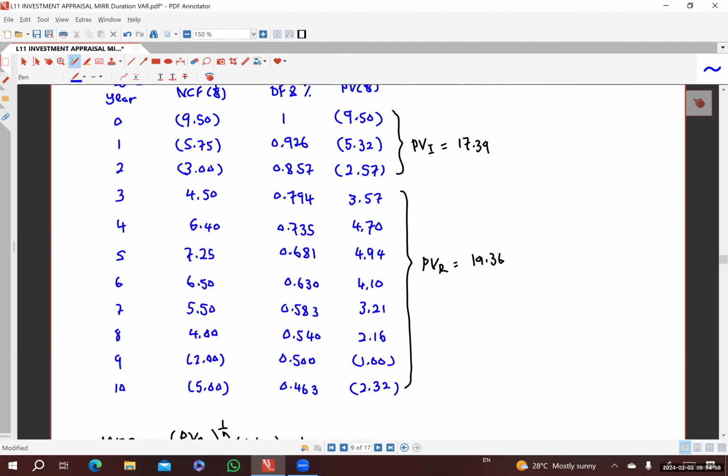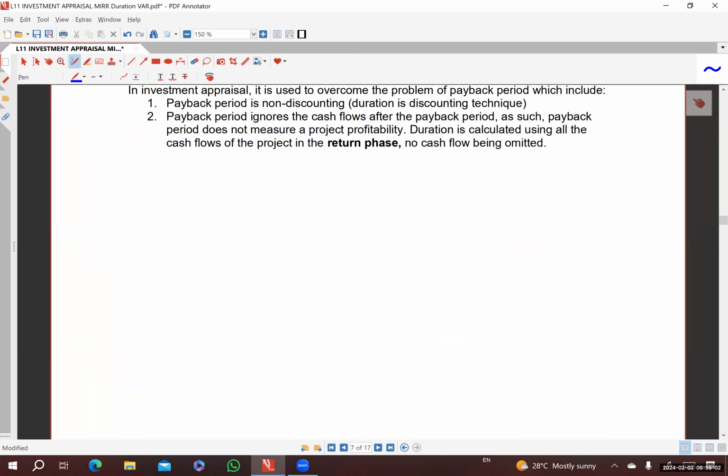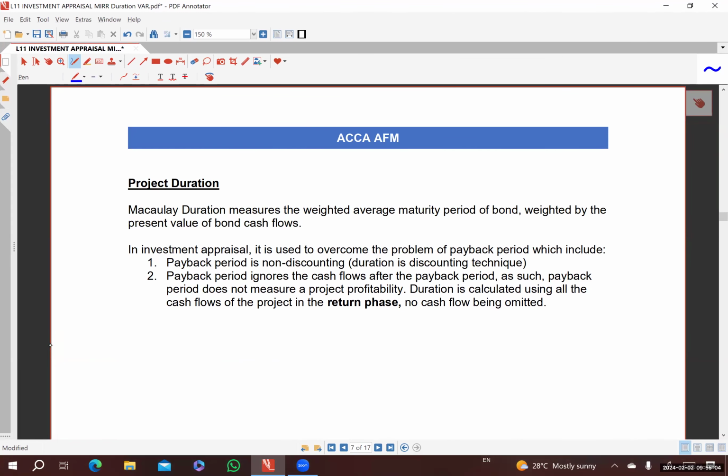Next one, project's duration. In the first chapter, the last few videos, we have learned bond duration. Duration is the weighted average maturity period of bond. Besides being used for prediction of bond price, it can also be used in investment appraisal.